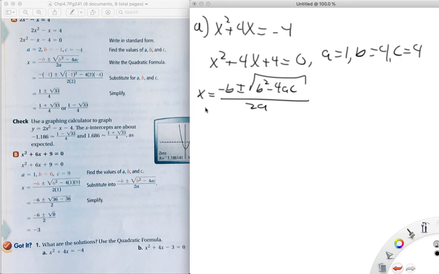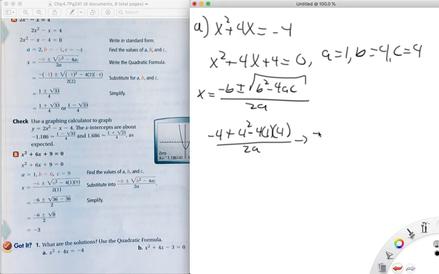So for the first part, there's two answers, right? We'll plug it in. So b is 4, so this is going to be negative 4 plus, and it's going to be 4 squared minus 4, a is 1, c is 4, over 2a.